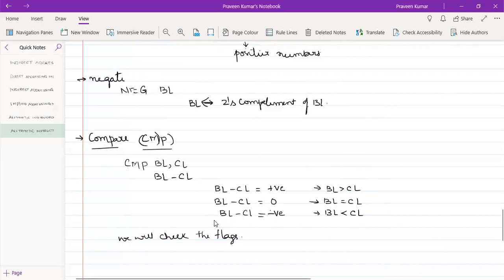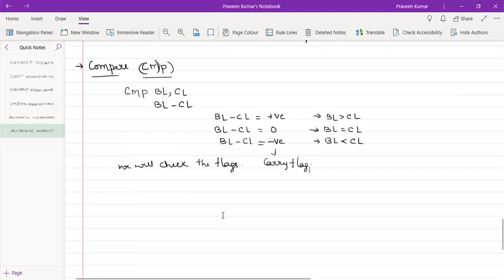When I say a borrow, which flag will be affected? The flag affected is the carry flag. So from the results, we can be very sure that two flags will be affected: the carry flag and the zero flag.